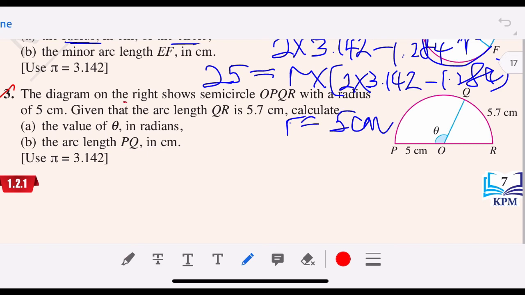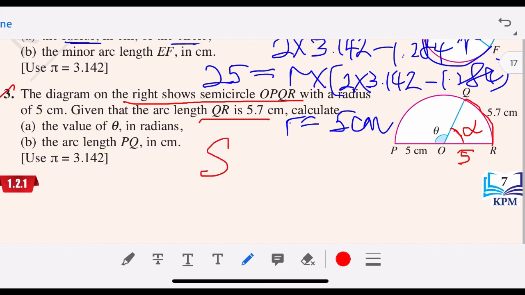The diagram on the right shows a semicircle with the radius 5 centimeter. Given that the arc length is 5.7, the arc length here is 5.7. The radius is given, so you can find this angle, right? Let's say this angle is alpha.